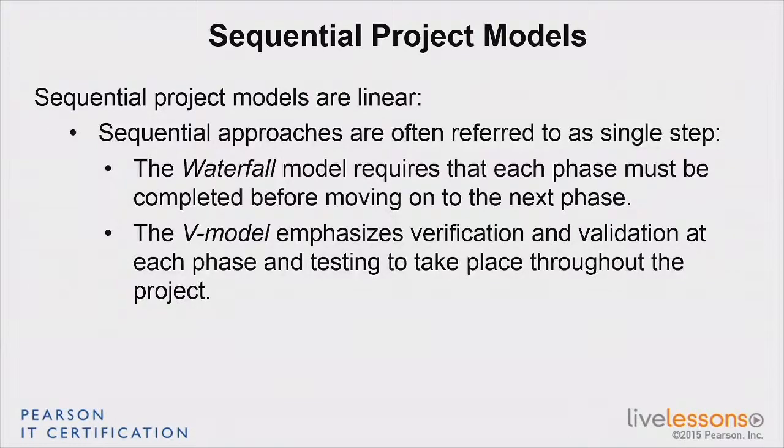So in a waterfall model, we have to complete one phase totally before you move on to the next and the next. The V model is also a sequential approach, but it emphasizes that at each phase you need to stop and do verification, validation, and testing before you move on to the next phase.